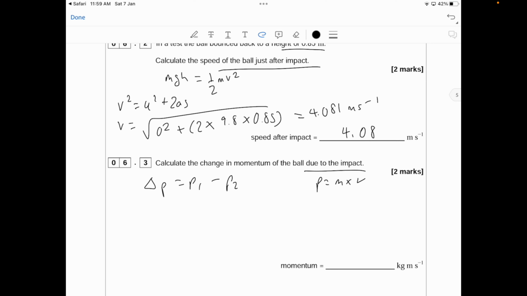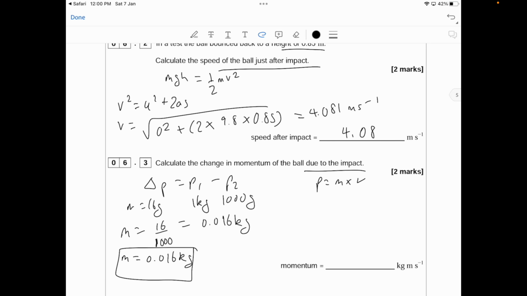We have to convert that mass first. We know 1 kilogram is 1,000 grams, so the mass in kilograms is 16 divided by 1,000, which gives us 0.016 kilograms. So that's your mass. Do write your mass first. Very critical that you write the mass first down here.